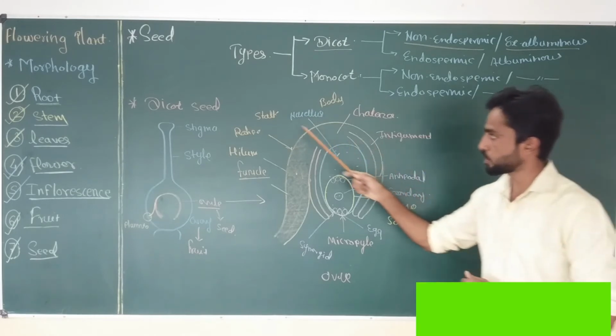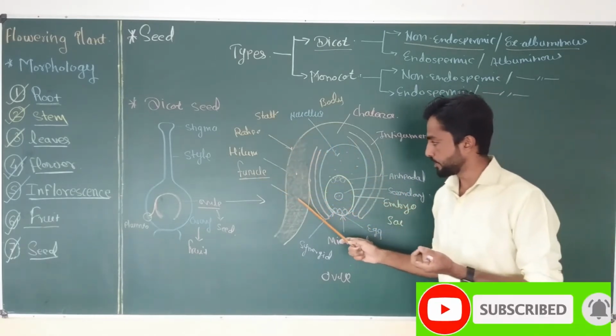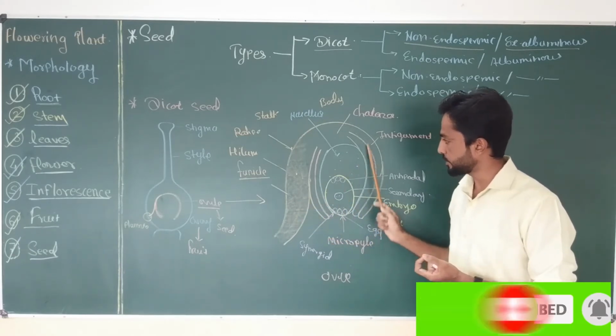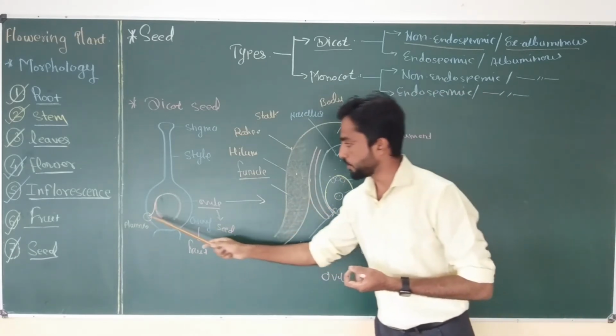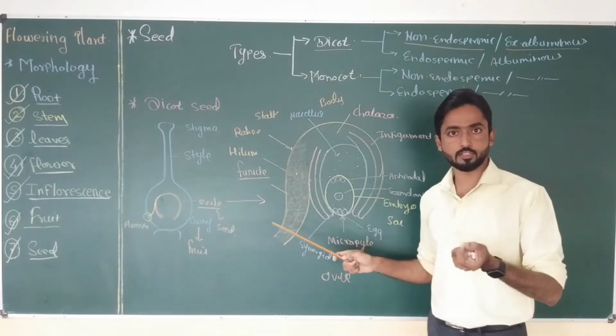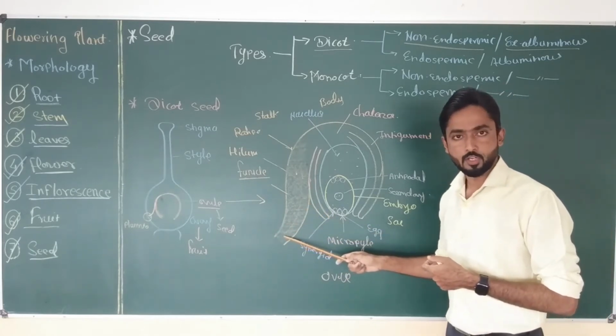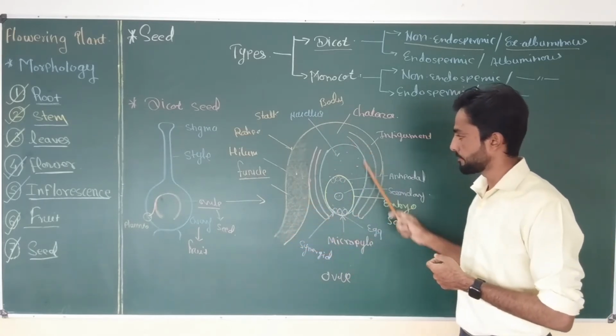Number 1 is the stalk, which includes the funicle, and I have already told that the funicle plays an important role in attaching the main body of the ovule to the ovary wall at a placenta. Now the funicle has vascular strands or vascular tissue, so it also transports nourishment from the ovary wall to the main body.